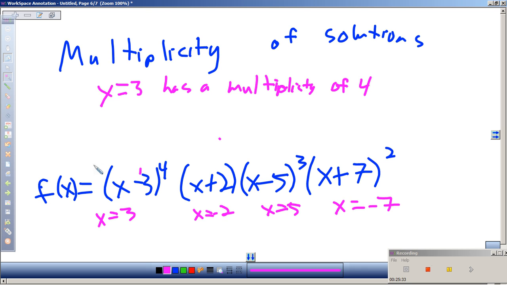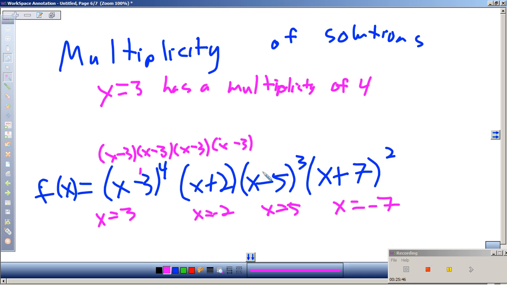So this could be written as x minus 3, x minus 3, x minus 3, x minus 3. So 3 occurs as a solution 4 times. Okay? What would be the multiplicity of negative 7? 2. Because negative 7 gives us 2 of the same solution, not 2 different ones. 5 would have a multiplicity of 3.